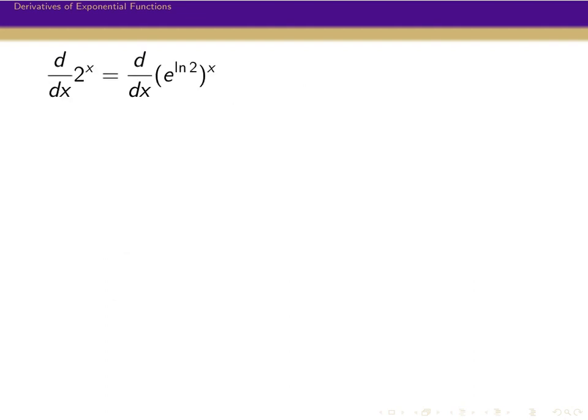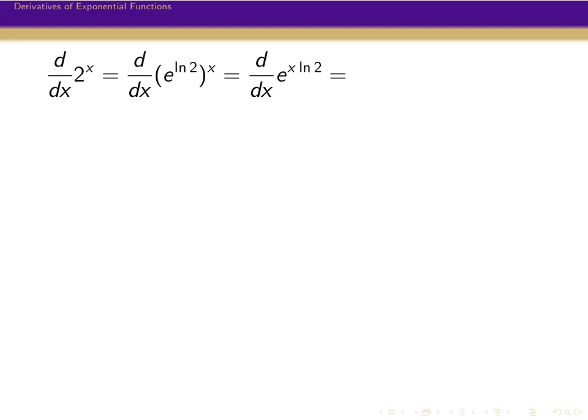Okay, so let's go back to 2 to the x, and we're using this rule, same as before, that 2 is equal to e to the natural log of 2. Then that's raised to the x. Okay, so the rules of exponents then say we can write this as e to the x times natural log of 2. So x times the natural log of 2 is all inside the exponent.